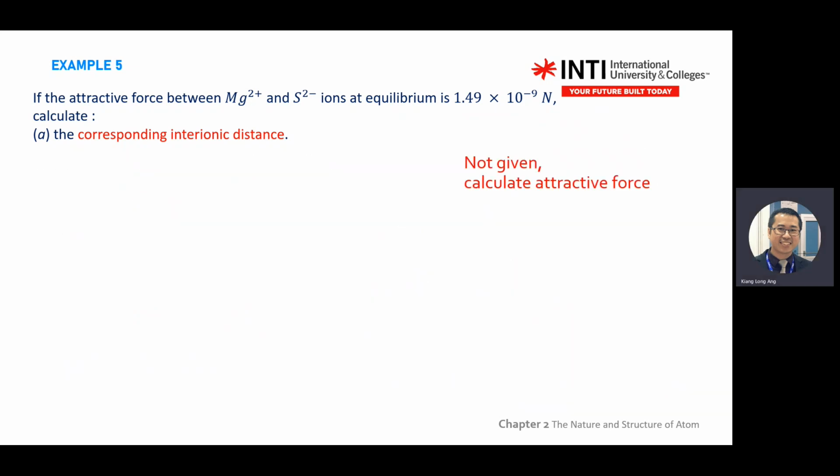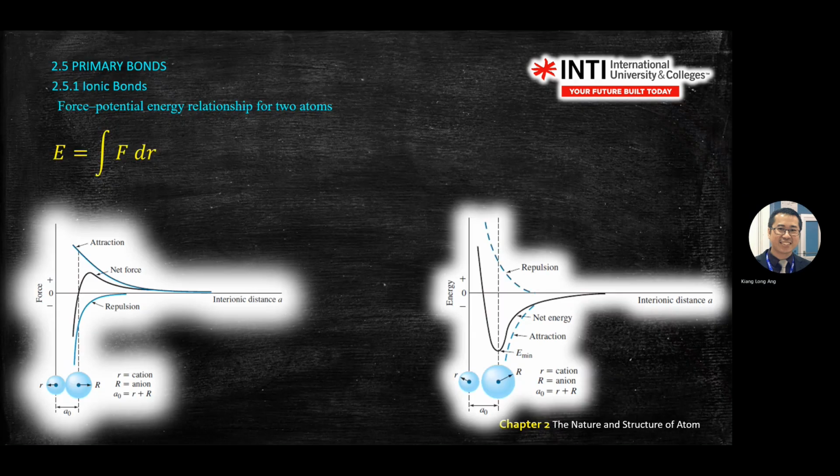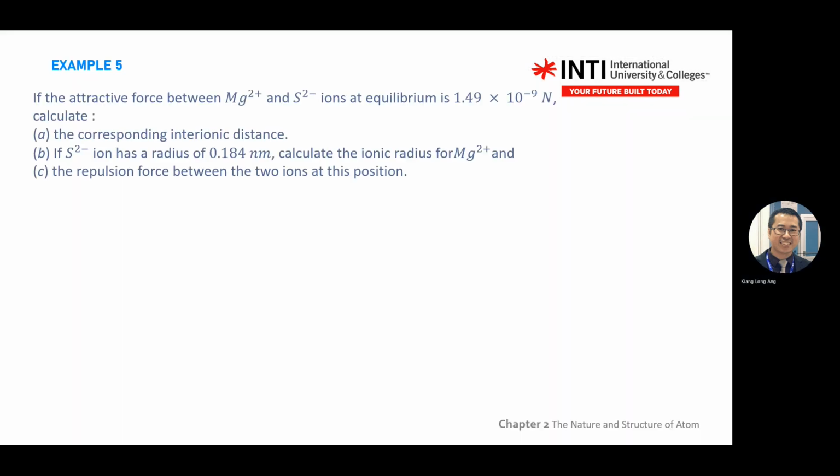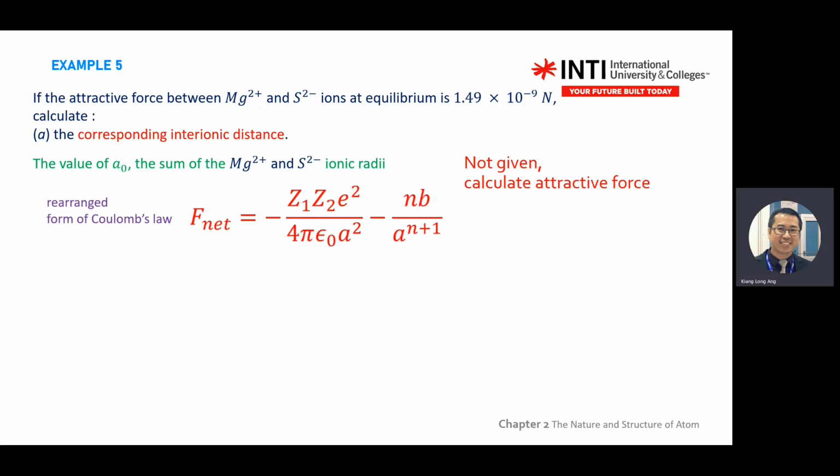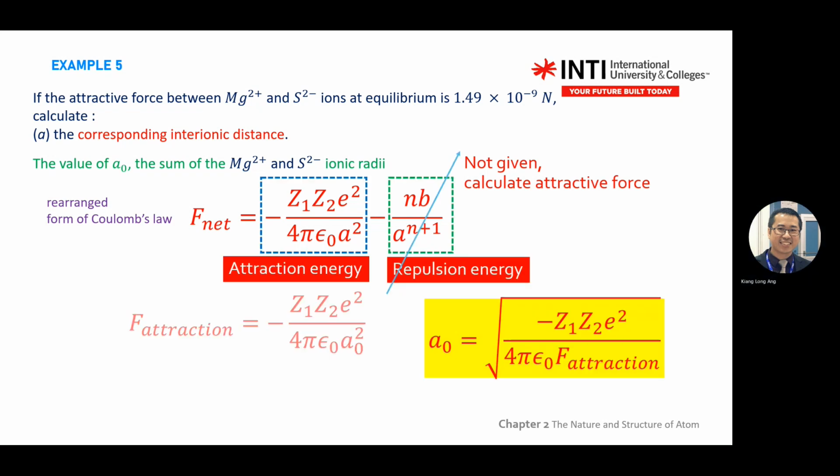What is important in example 5 for your incoming assessment? This equation, F net equal to attraction force plus repulsion force, is important. And when there is equilibrium, when the question gives you the keyword equilibrium, it means the net force equals 0.